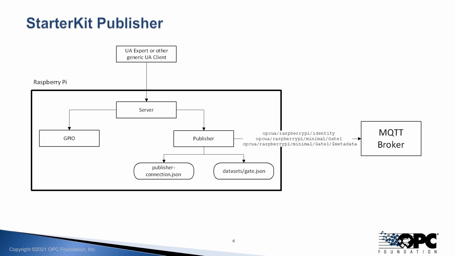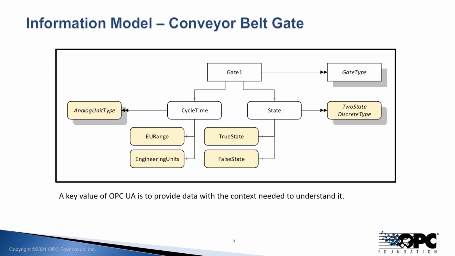So if this UA server supported the PubSub information model, you would be able to have a UA client come in and edit the PubSub configuration. And this allows you to remotely manage all of your publishers on the network from a single application. And that's something you're not going to get without the cohesive OPC UA framework.